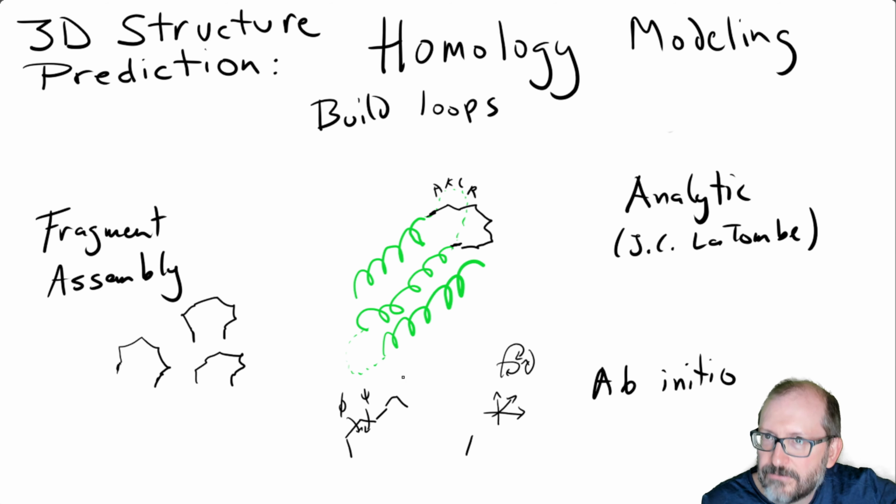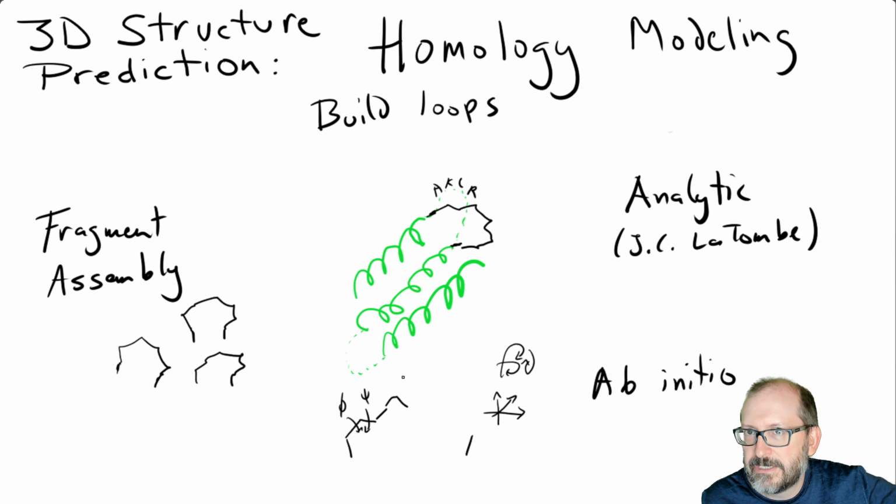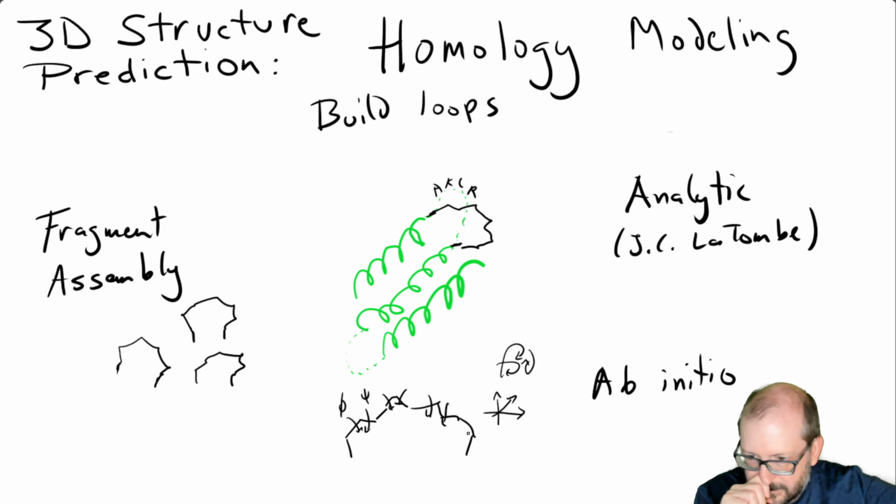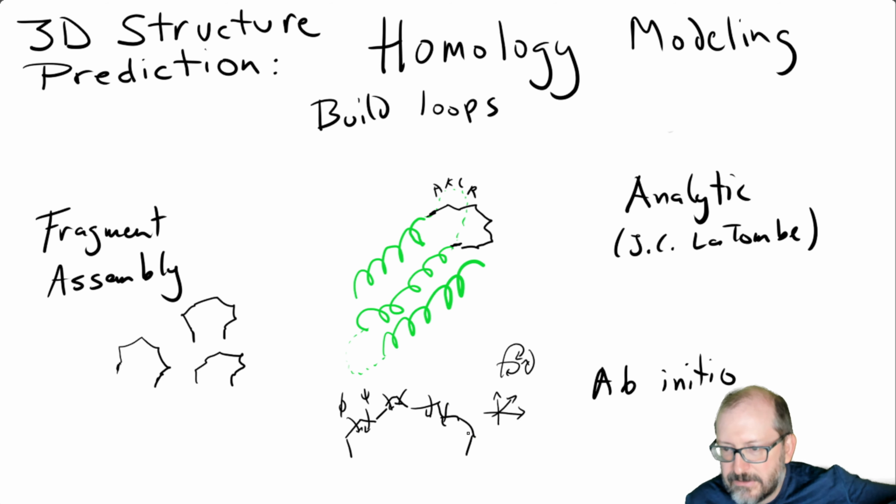And so if you have 3 residues in your loop, then you're guaranteed to find a combination of phi and psi angles that connect these two anchor points, as long as the anchor points are not too far apart or pointing somewhere weird away, right? So 6 degrees of freedom. And you can actually use similar methods even if you have more than 3 residues. But 3 residues is the minimum to guarantee convergence. And this method is also very fast.